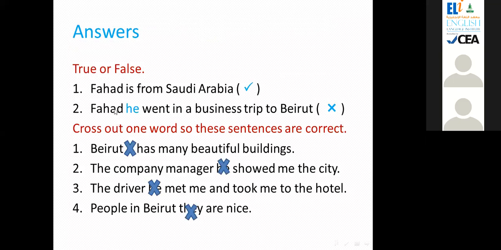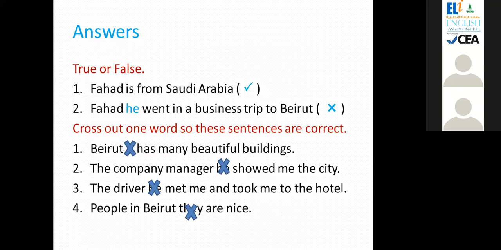So here, Fahad is right because we have a noun here. And here we have a noun and a pronoun at the same time. We should cross out one of them. Here we say Beirut and it. So we should keep one and cross out the other, the pronoun that indicates this name. So Beirut has beautiful buildings.